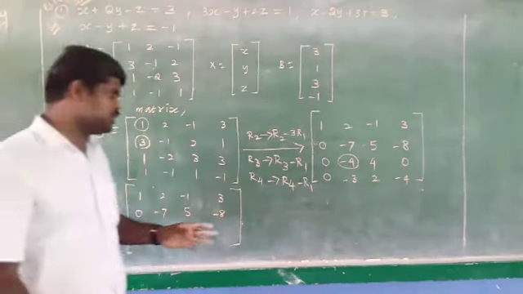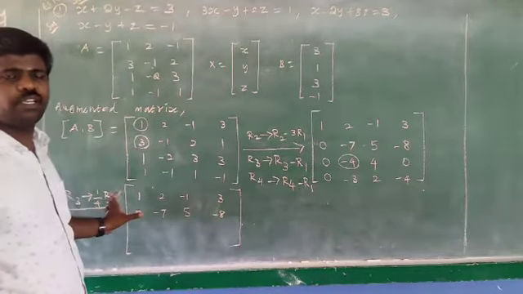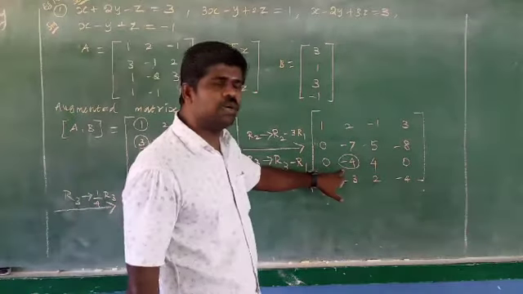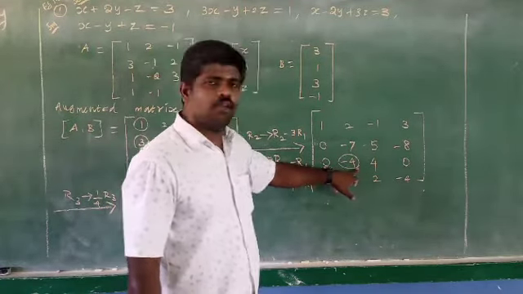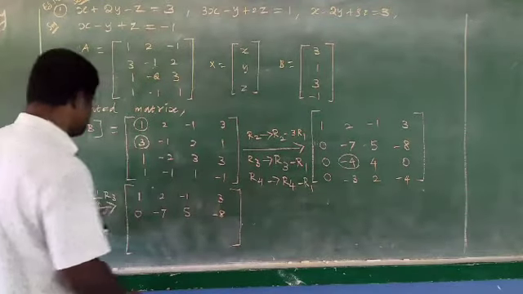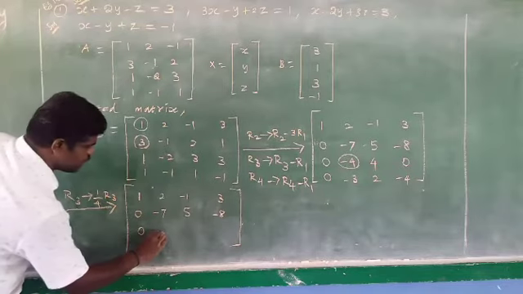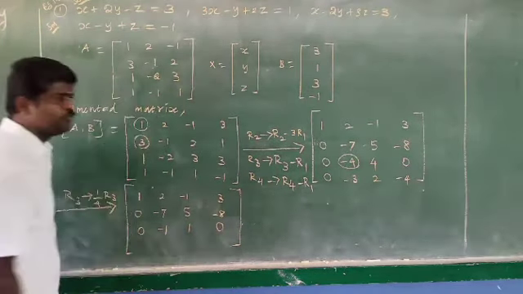In our book, they have to change some rule. It is very tough. Here, I can divide by 4, it is easy for us. That's why I can divide R3 by 4. So what is the value? 0 and minus 1 and plus 1, 0.